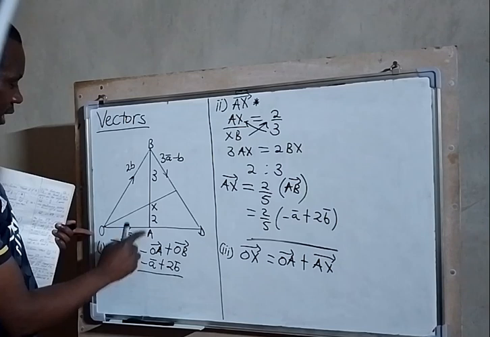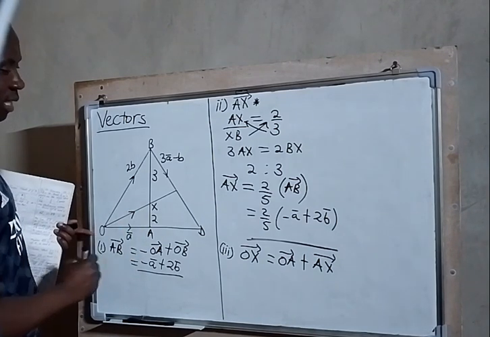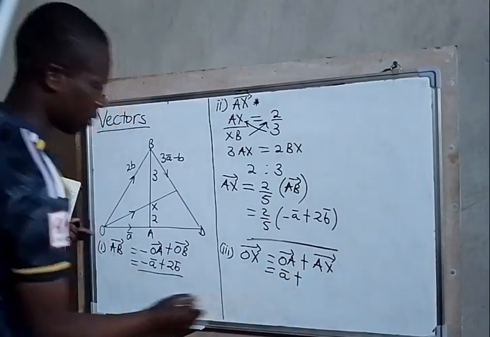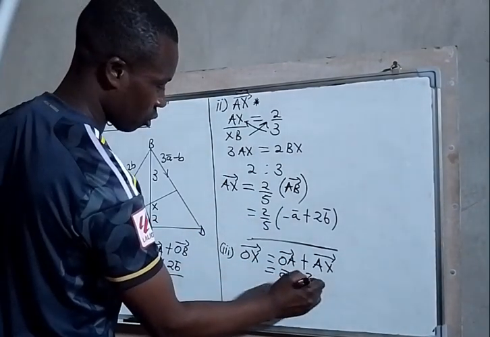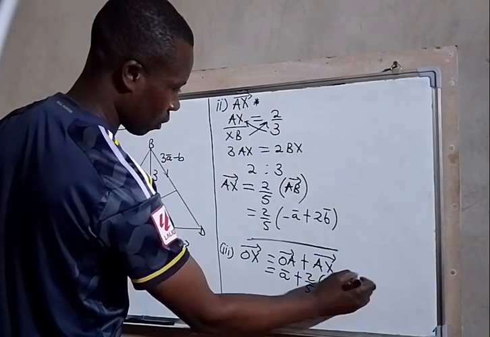OA is vector A, plus vector AX. So it's now 2 over 5 into minus vector A plus vector 2B.